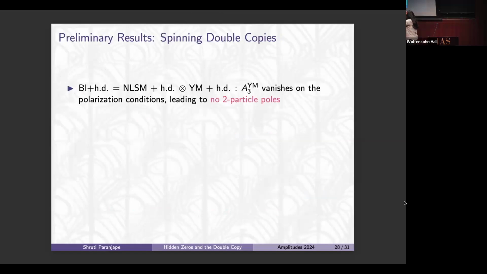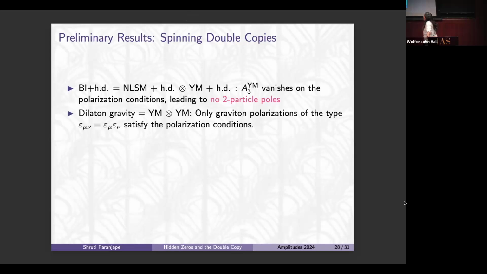Okay, so I just want to end by talking about how things work when you now add spin. So for a theory like Born-Infeld, everything goes through and as long as you can satisfy these polarization conditions, you won't get any two-particle poles. Gravity, on the other hand, requires that your polarization tensor has the split form over here. So you can think about this as a split polarization or a factorized polarization.